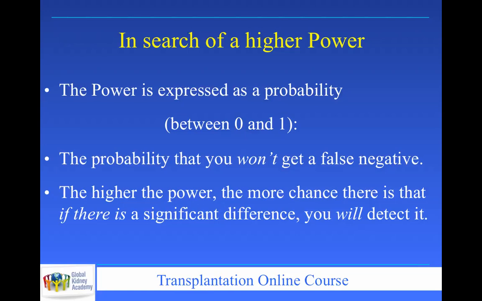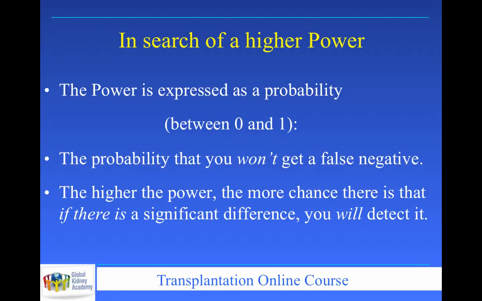So the first thing is you want the power of the study to be high. In other words, I want the study to have a chance of 80 or 90% to detect the difference. I want the highest possible probability that I will not get a false negative. So 80%, 90%.